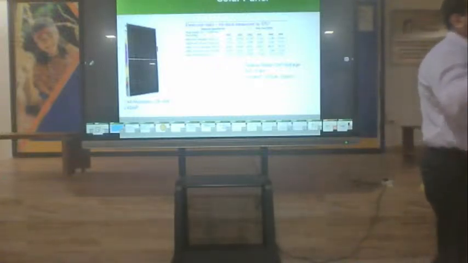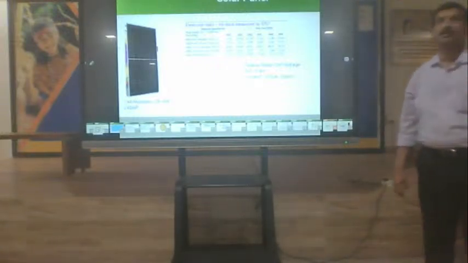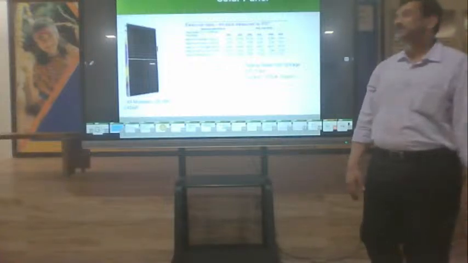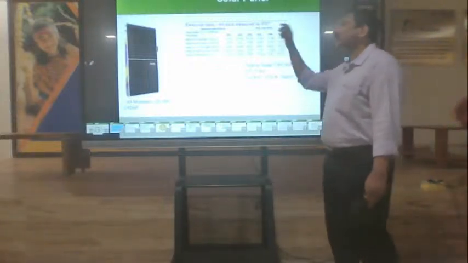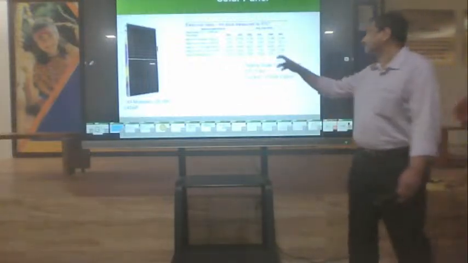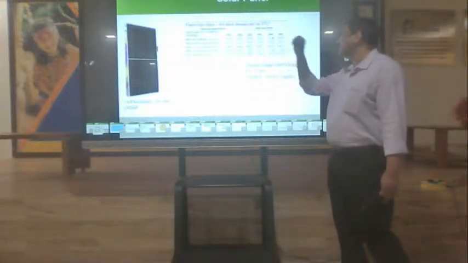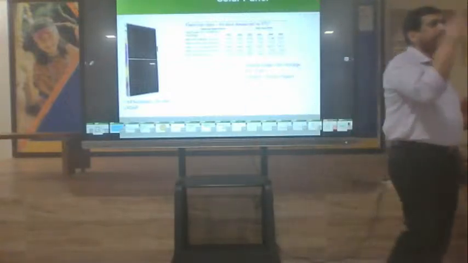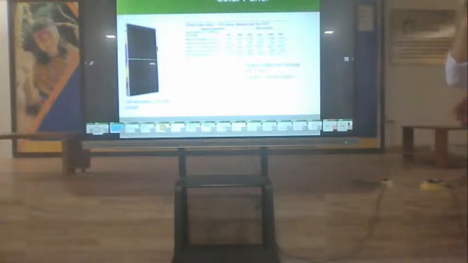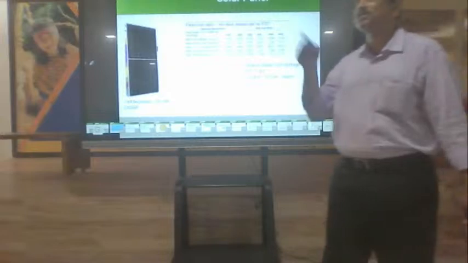How much is the voltage drop between open circuit and load circuit? From 48.9 to 42, so 7 volts drop is there. So the voltage fluctuates between no load to full load condition. There is a 7 volts fluctuation.